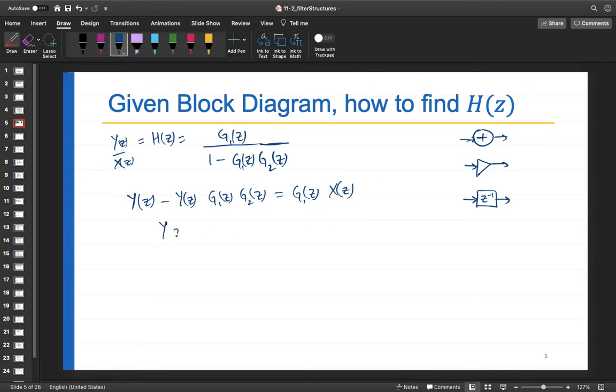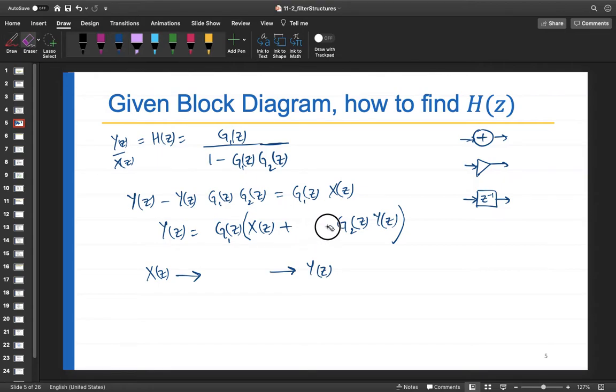Okay, so you get Y(z) is G1(z) times X(z) plus G1(z) G2(z) times Y(z). So this is your Y(z), the output, and this is your input X(z), and you're multiplying X(z) with some G1(z). I can take this G1(z) outside as common, and I can erase this one, right?